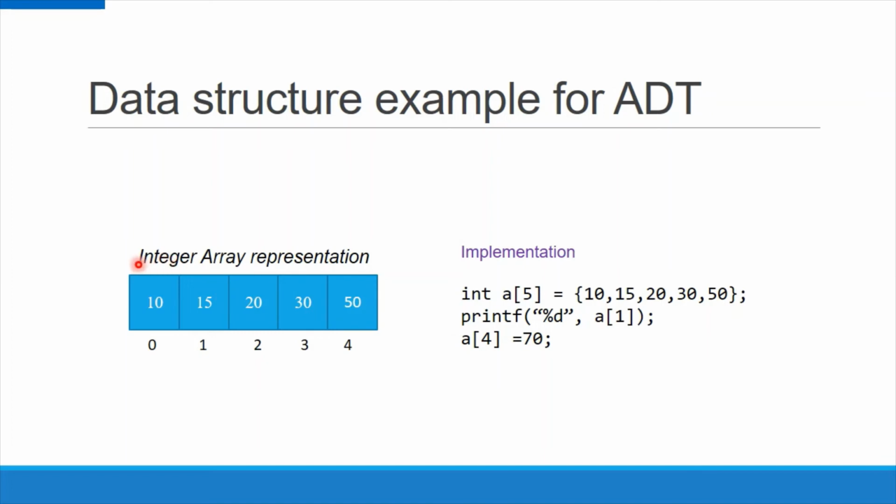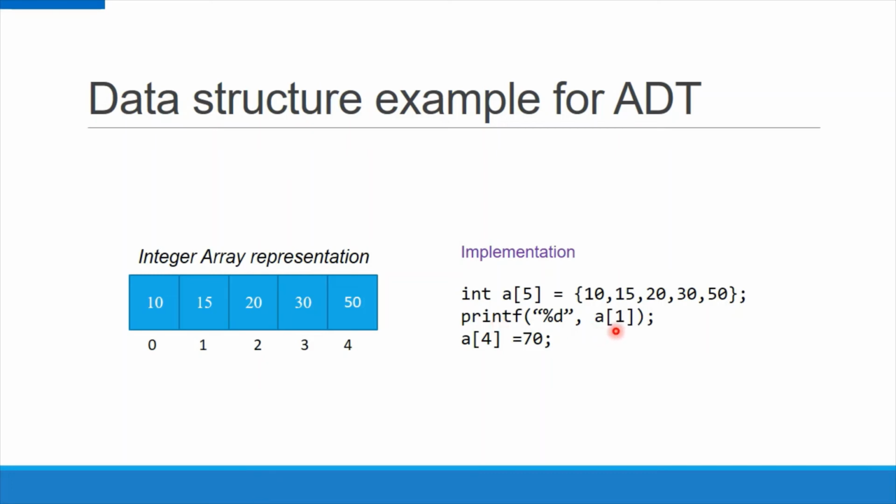Since this is an integer array, I have declared int a[5]. 5 represents my size, and 10, 15, 20, 30, 50 are my array elements, which I have initialized. And next I'm going to display a value from the array.